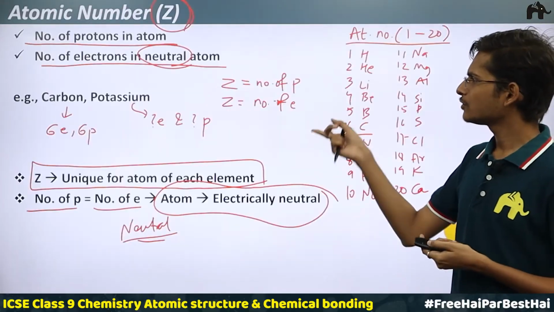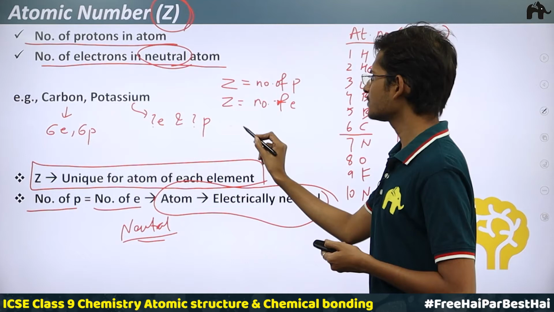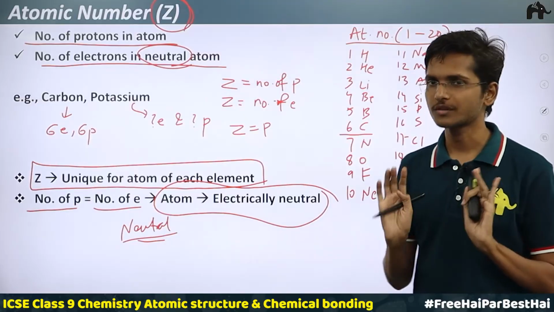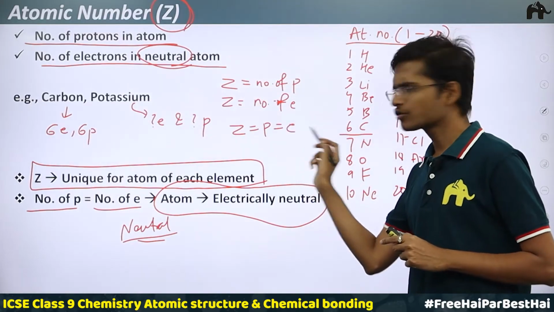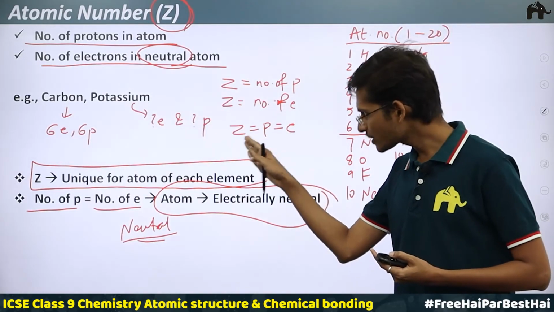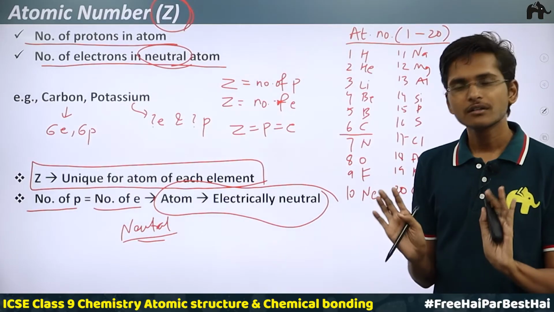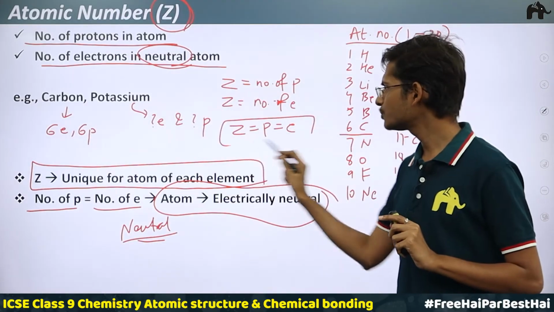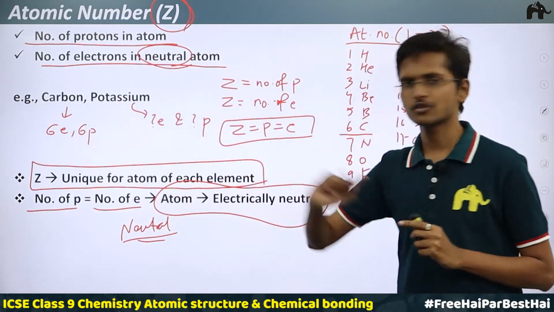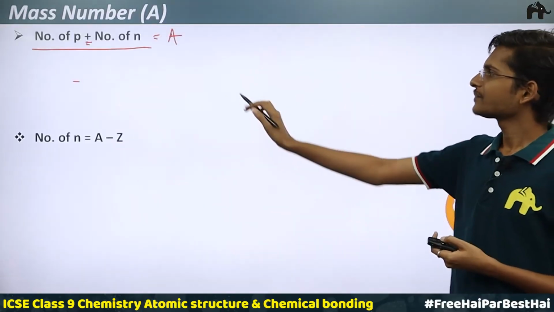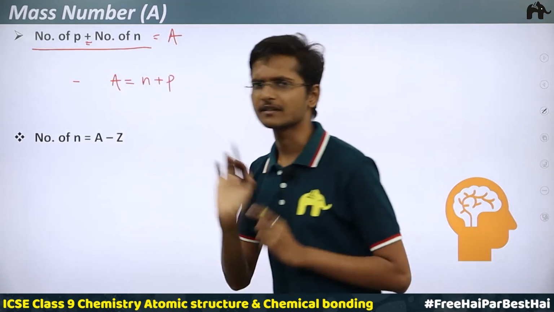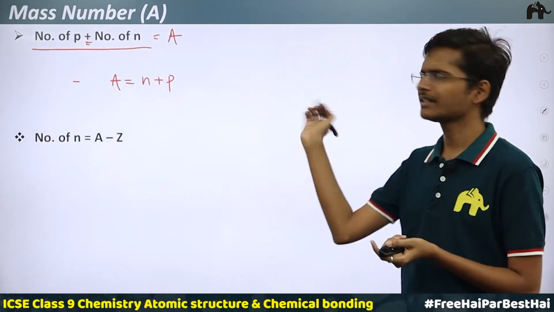Instead of writing the number of protons, I can just simply write Z is equal to P. You just understand that P means number of protons, and I can also write it is equal to E, because we already know Z is equal to P, which means the number of protons in the atom, and we also know atomic number is equal to the number of electrons present in the neutral atom. So we can write Z is equal to P, which is equal to E, right? Number of protons is equal to number of electrons. Same way, I can write A is equal to N plus P or P plus N. You can write it in either way.